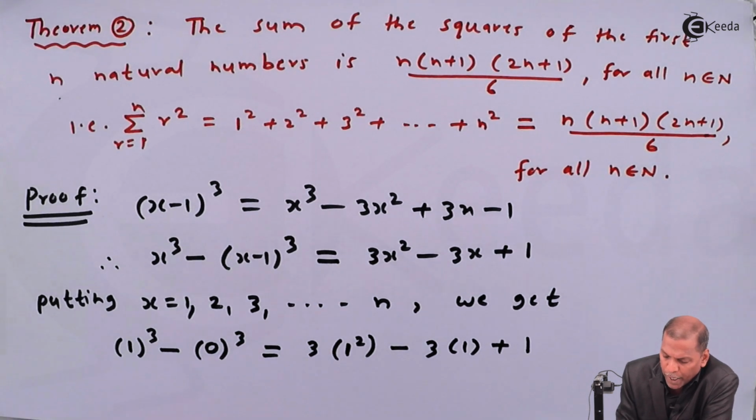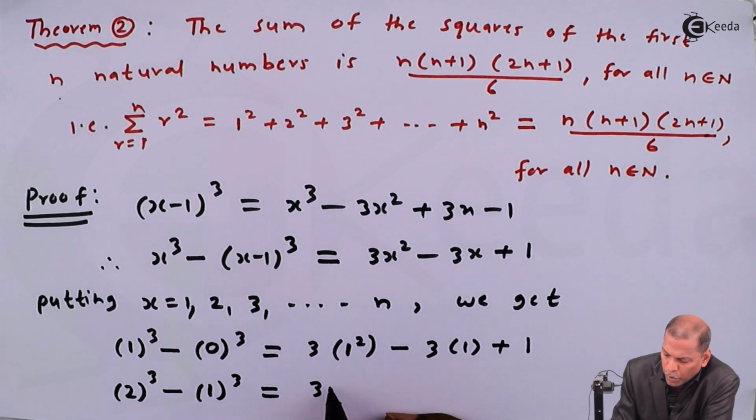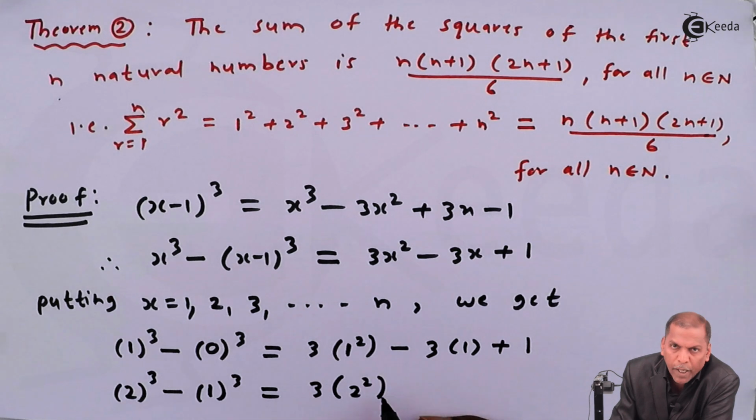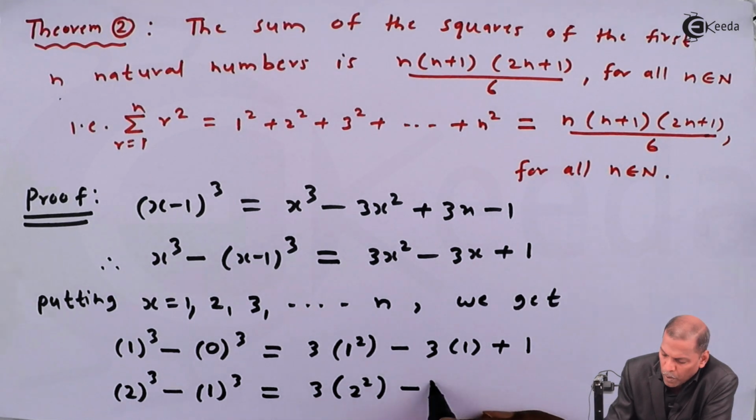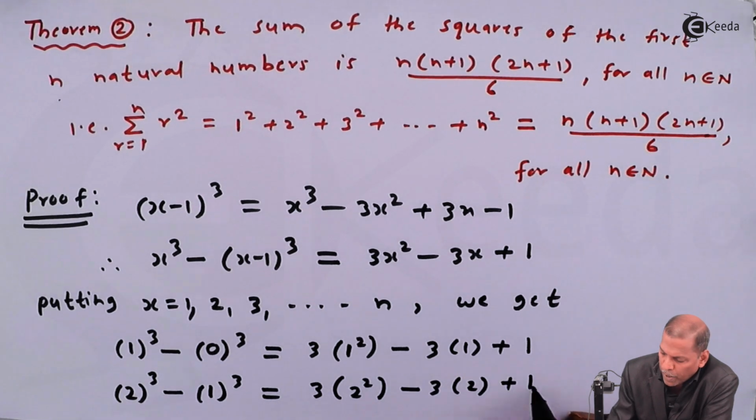Now we put x equal to 2, so we get 2 the whole cube minus 1 the whole cube equal to 3 times 2 square minus 3 times 2 plus 1.